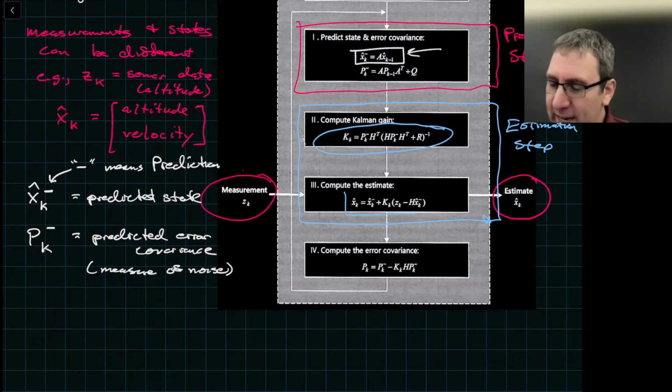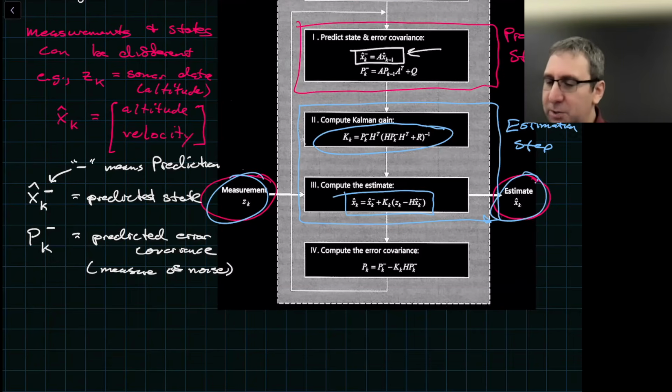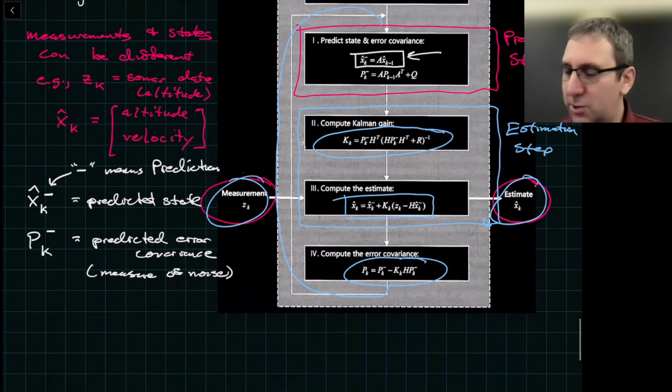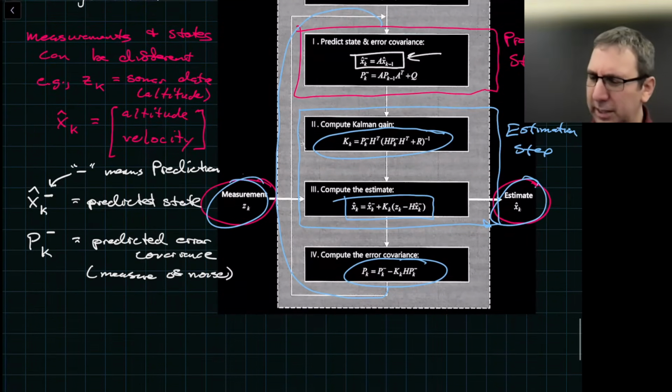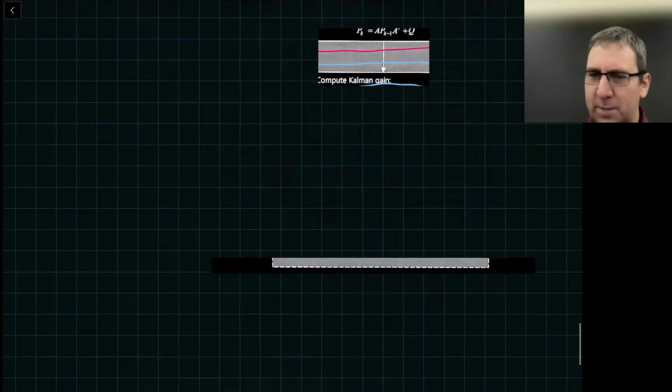Then that goes into the estimate step, where you take in the measurement. The Kalman filter gives the best estimate it can for the state. After that, it computes the error covariance, and things go back to the top and repeat at the next time step. So there are the two main steps, prediction and estimate, and I think we'll leave those for next time.